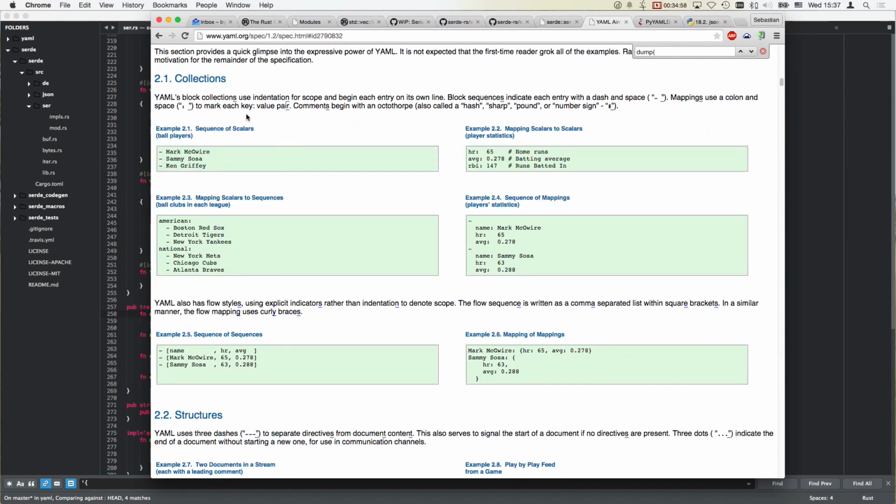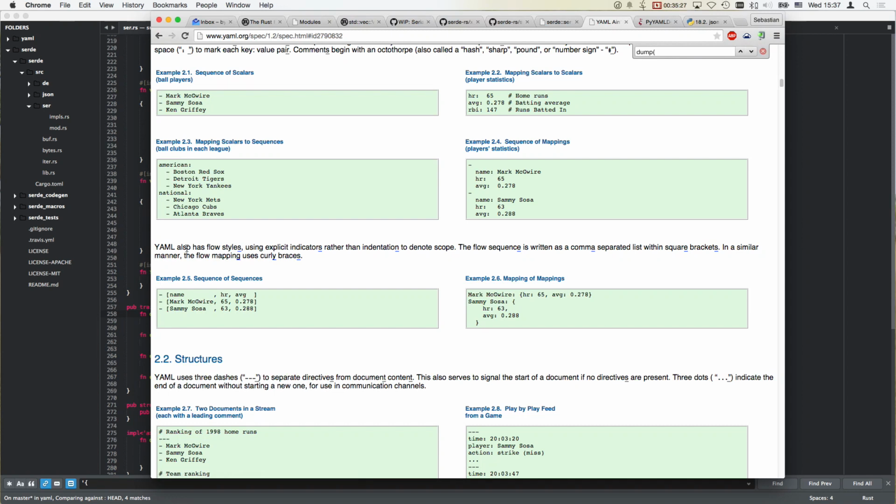YAML blocks, collections, so that's a block. Use indentation for scope, okay, and begin each entry on its own line. Block sequences indicate each entry with a dash and space. Mappings use colon and space to mark each key value pair. Comments begin, okay, so I got that.